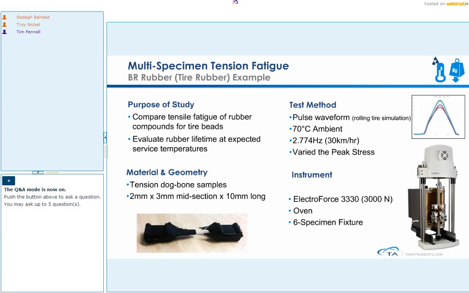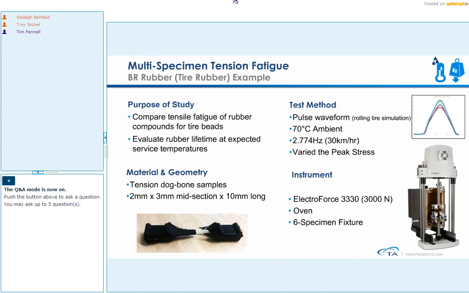So here's an example on a multi-specimen fatigue tester in tension. We had two different rubber formulations, and we wanted to evaluate the longevity of that product near the bead of the tire. These are tension dog bone samples, really small, 2 millimeter by 3 millimeter by 10 millimeter long.